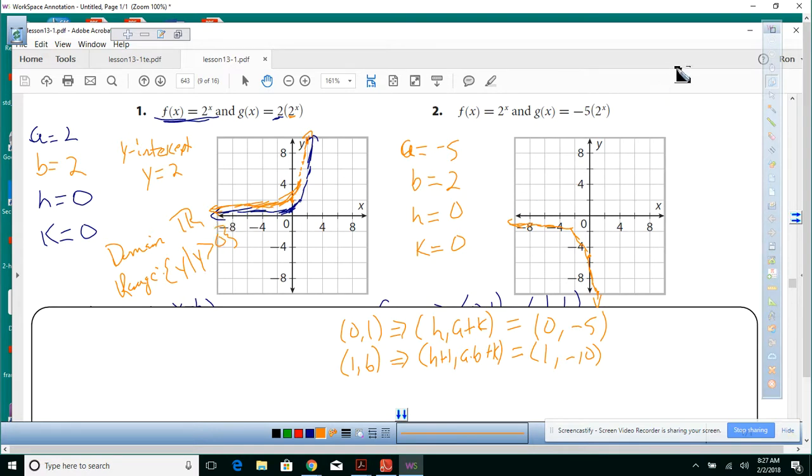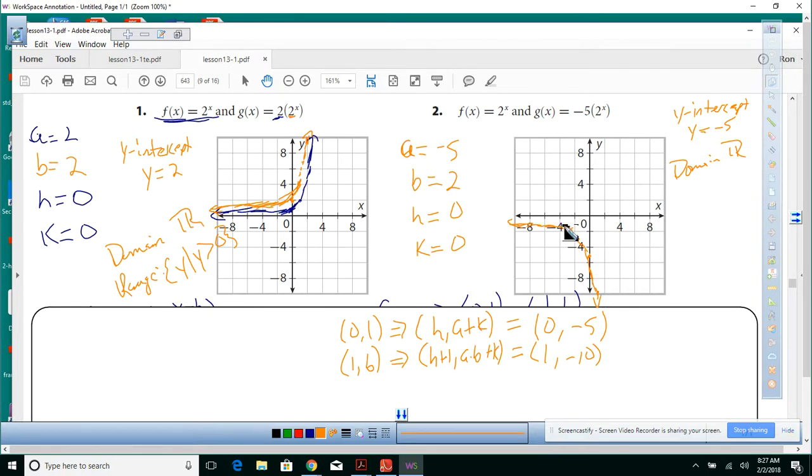Over here, the y-intercept is, well, -5. So y equals -5. And the domain, again, is all real numbers, because you've got an arrow here, so it's going to get way out here, and it's going to cover all the negative x's.